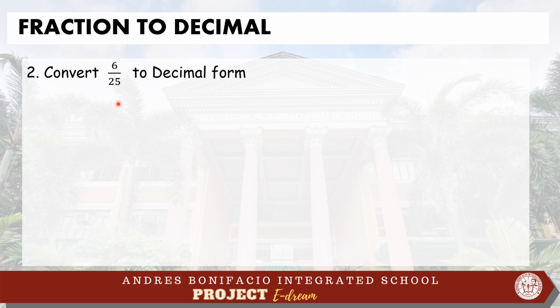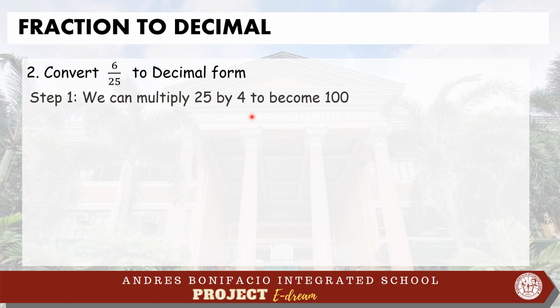Okay, so first step, we are going to find a number that we can multiply the denominator, which is 25, to make the denominator of the equivalent fraction a power of 10. So, what number are we going to multiply 25 by para yung magiging denominator ng equivalent fraction natin is a power of 10? So, that number is 4.